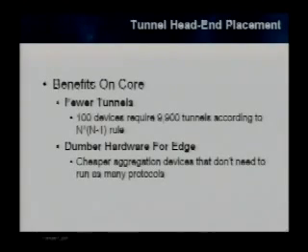So you can have fewer tunnels on your core. It also allows you to have kind of a dumb edge where you just have cheap hardware that can take the traffic in or push the traffic out and doesn't really need to have too many moving parts.